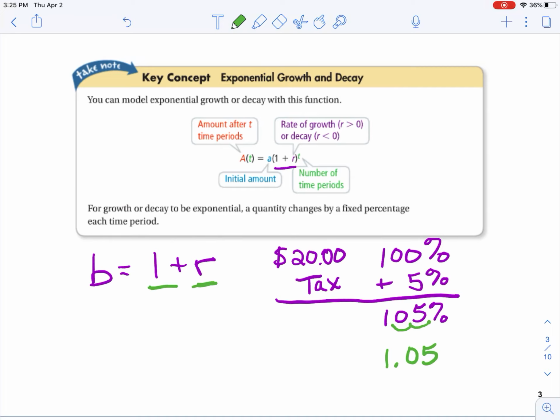Now, along with adding to something, so if things are going to increase, such as if I put $100 in the bank with interest, in a year, I should have maybe $102 if I don't add or take anything out. But we can also have b equals 1 minus R if something depreciates.